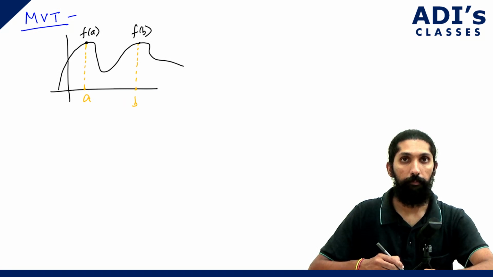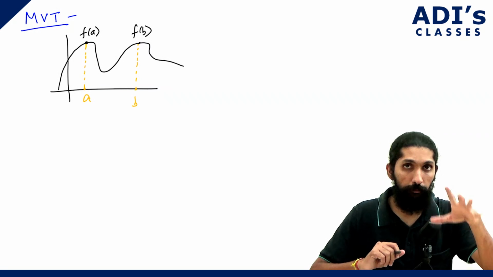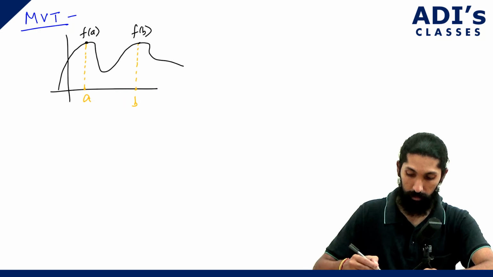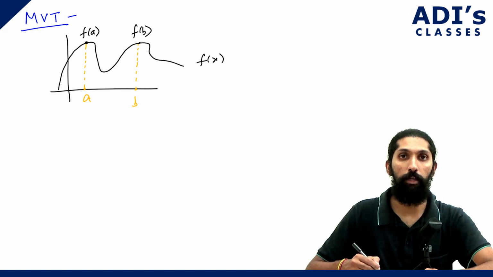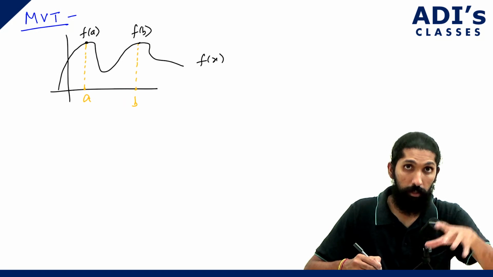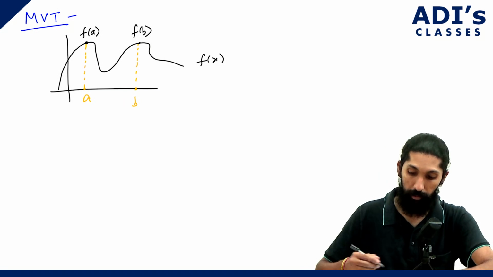f of B, correct? Now what the mean value theorem states is that if we have a function f of x, like this function is f of x, then that function has to be continuous in a comma b.